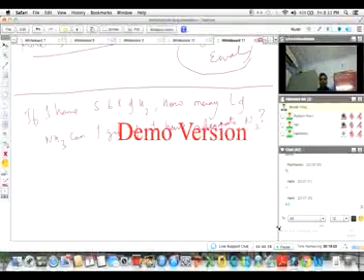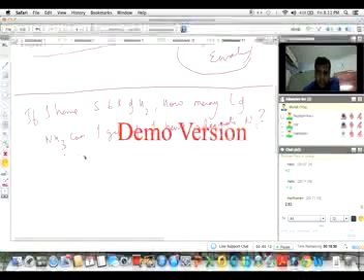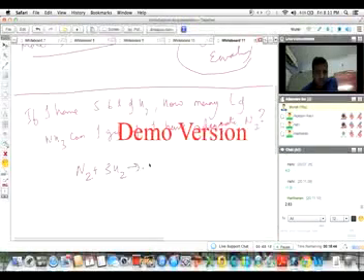Yes, what's the answer? Okay, so let me see. So the first step, Rishi, is to write a balanced chemical equation. So I have N2 plus 3H2 gives you 2NH3, right? So now if I have 1 mole of N2, I require 3 moles of H2.